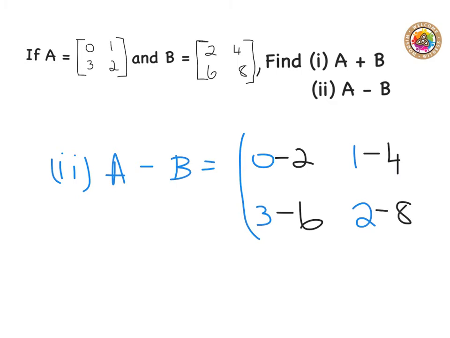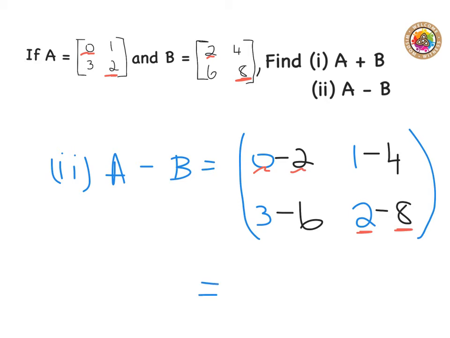So for example, the last one and the last one, these two go together, they're corresponding. Or the 0 and the 2, they're corresponding. Okay, so just so that we're able to identify. So always we match the element from one matrix with its corresponding element in the second matrix.